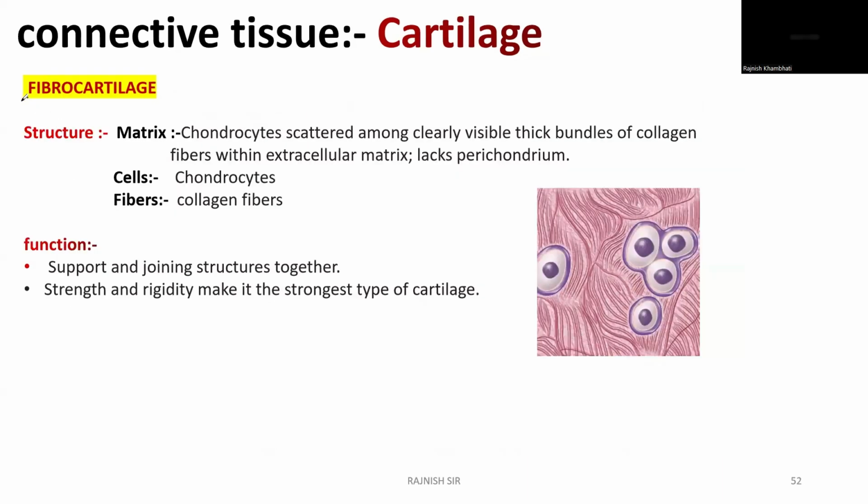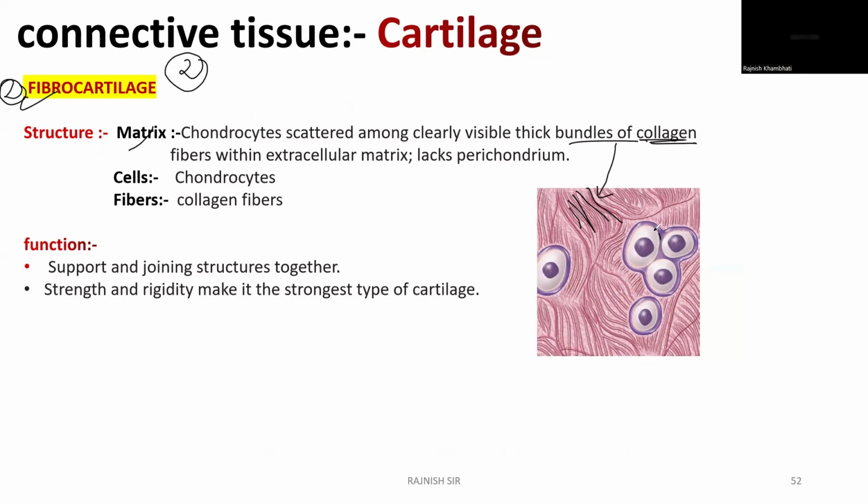Next, the second type is fibrocartilage. Matrix: chondrocytes, again, chondrocyte means cells of the cartilage, are scattered among clearly visible thick bundles of collagen. So you can see the bundles of collagen fiber here.